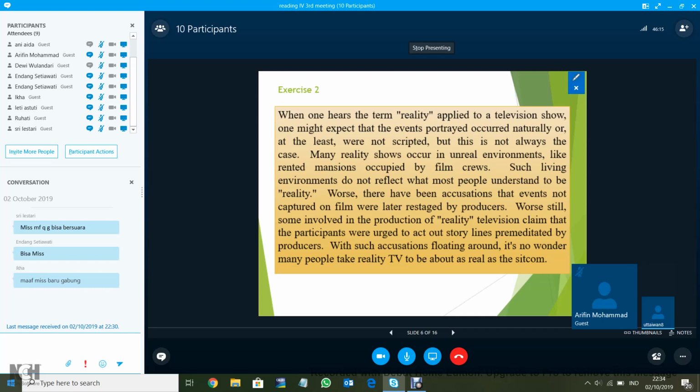That's why people just think that there is a term that does not reflect what most people understand to be reality. So if you say this using your own sentences, how do you say it? Nah, misalnya highlight ini, such a living environment do not reflect what most people understand to be reality. How do you say in your own words?